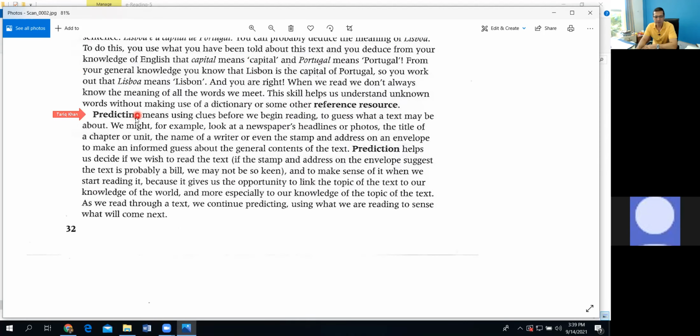Next comes predicting. Predicting, as is obvious from its name, the meaning. Predicting means using clues before we begin reading to guess what a text may be about.